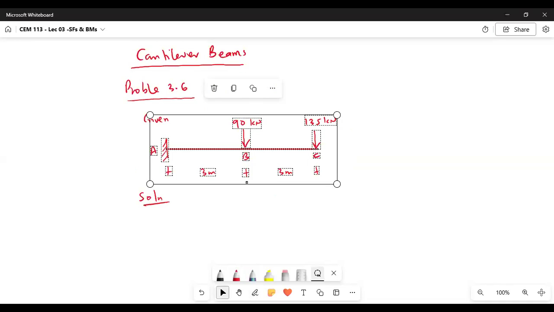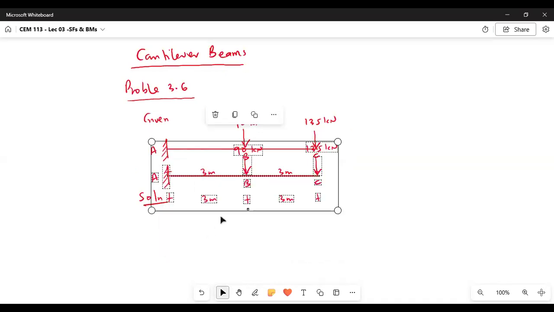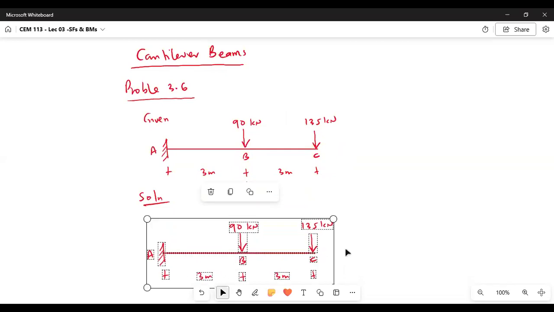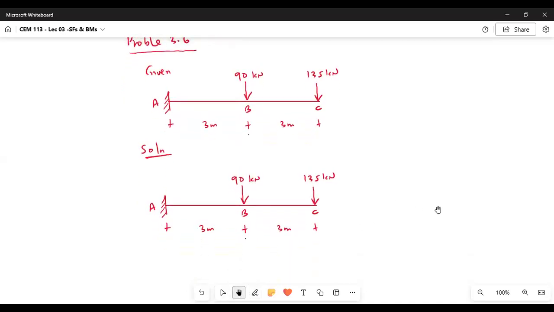we need to provide the free body diagram. So I'm going to just copy and paste here. Let me move it a little up. So this one is my free body diagram. I'm just going to modify a few things here. As we know already, with a free body diagram, we represent the support by their correct reactions. So this is a fixed end.